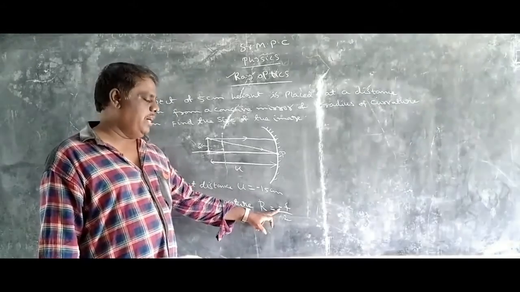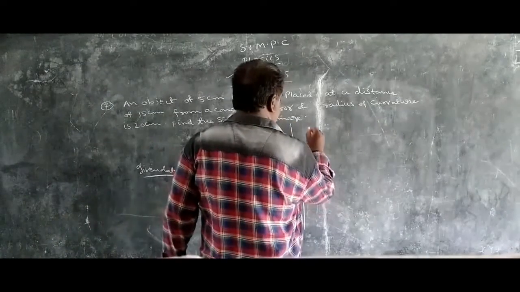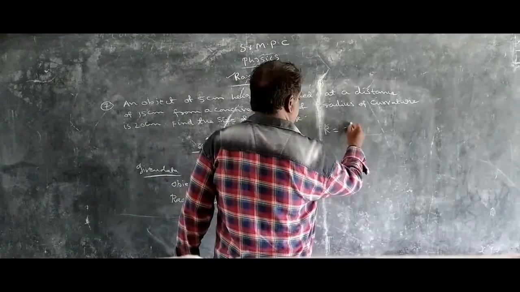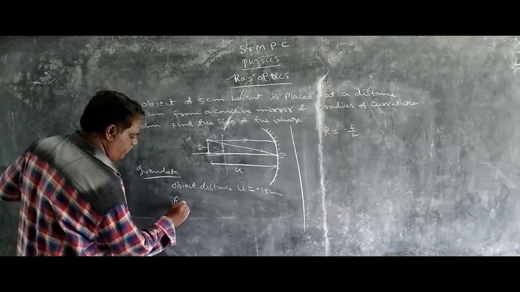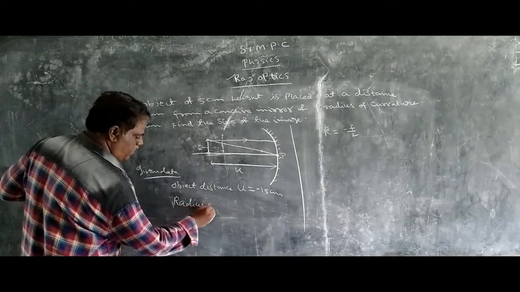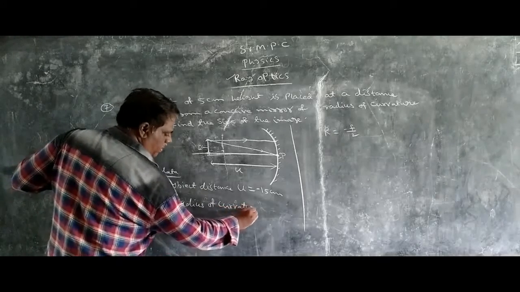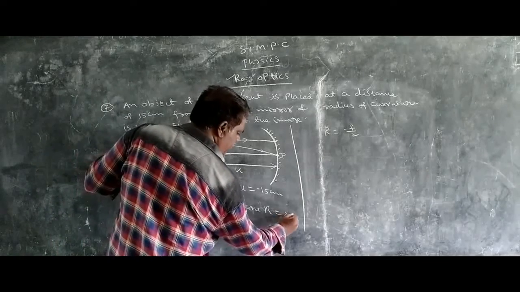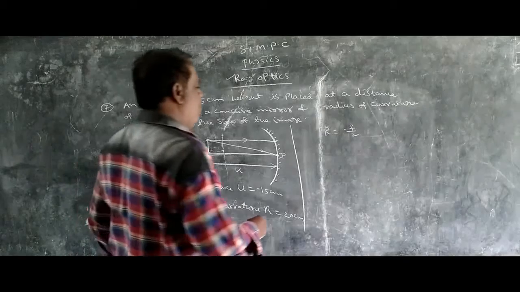So for a concave mirror the focal length will always be negative. Then R becomes R is equal to minus f by 2. Radius of curvature R is equal to 20 centimeter. Then the focal length.